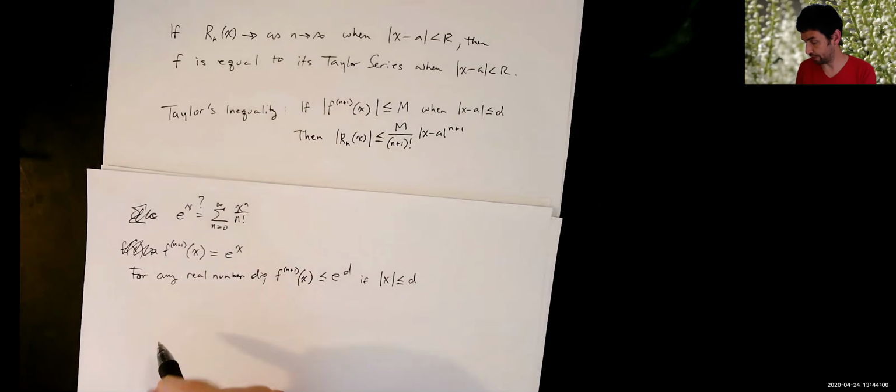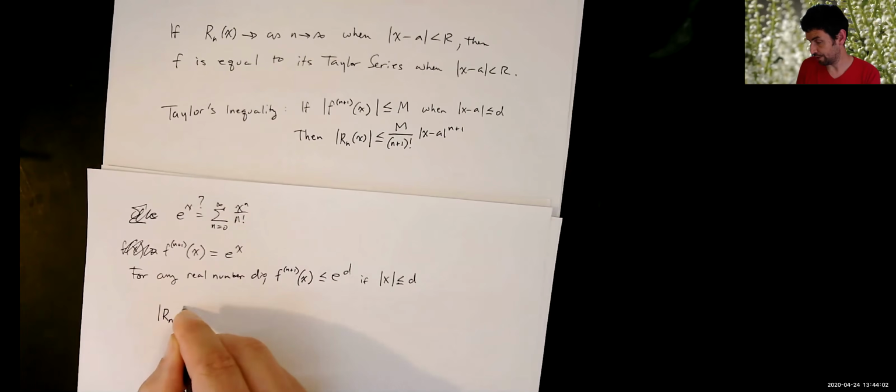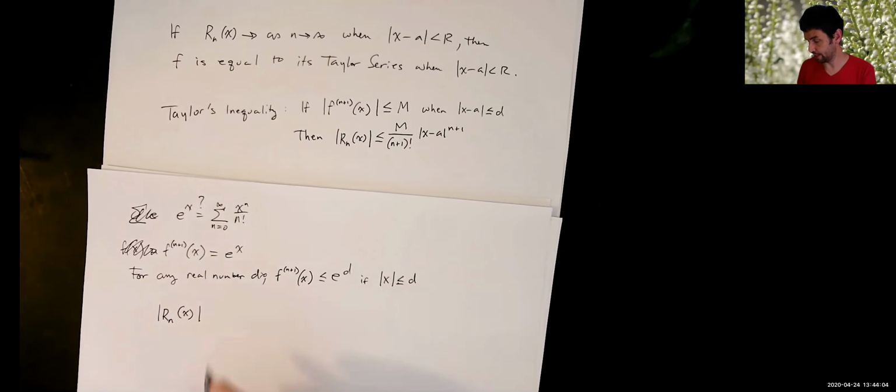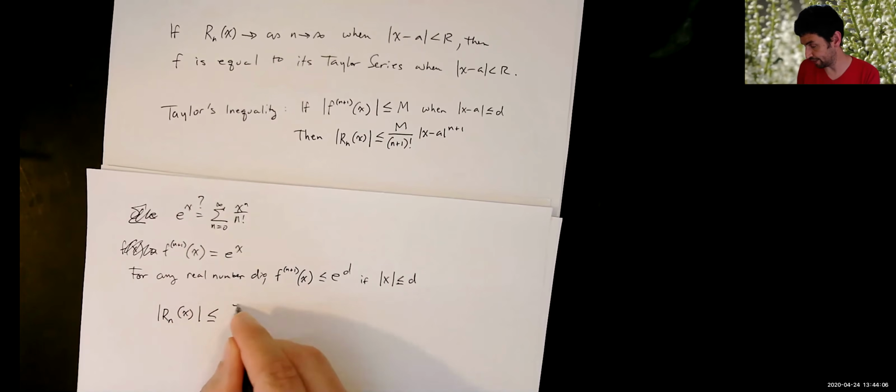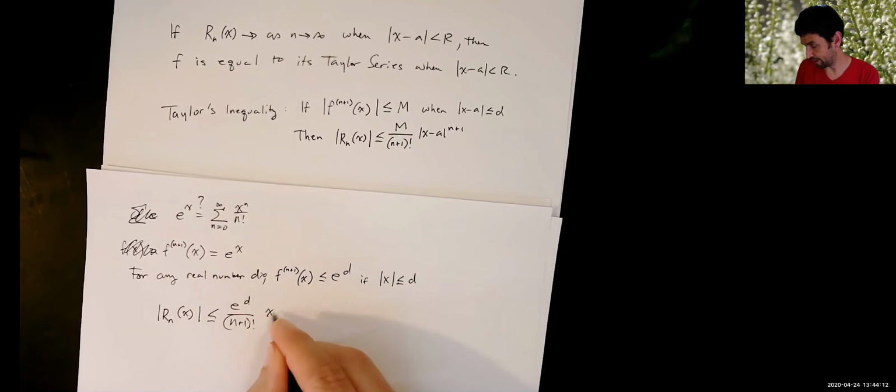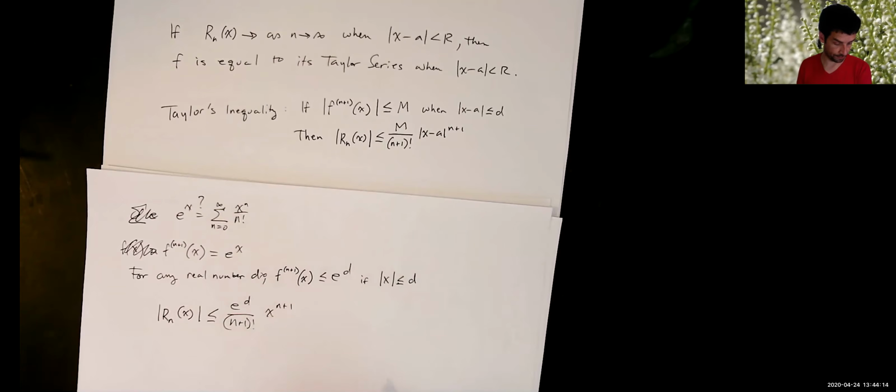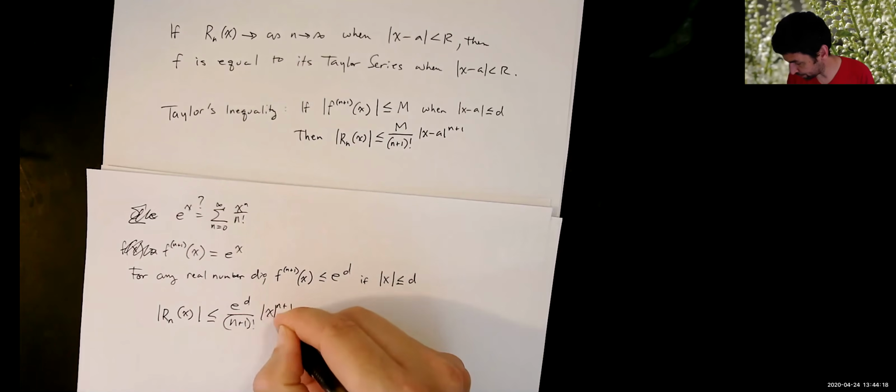So then according to Taylor's inequality, I've got this first line. I know the absolute value of the remainder has to be less than or equal to e to the d over n plus 1 factorial times the absolute value of x to the n plus 1.